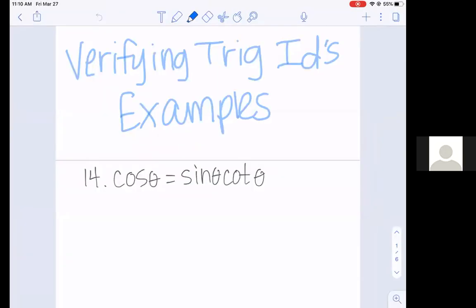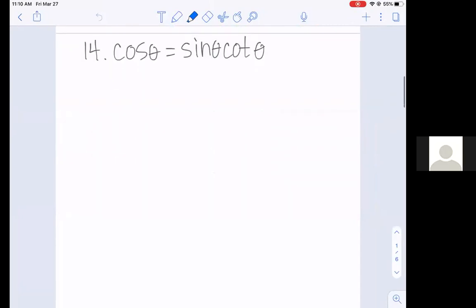Okay, so here are your verifying trig IDs examples. Okay, so the first one's pretty easy, or simple, not easy. And I'm going to choose the right side. It's easier to get 2 terms down to 1. So on the right side, I'm going to use my first tip of changing everything that's not sine and cosine into sine and cosine.